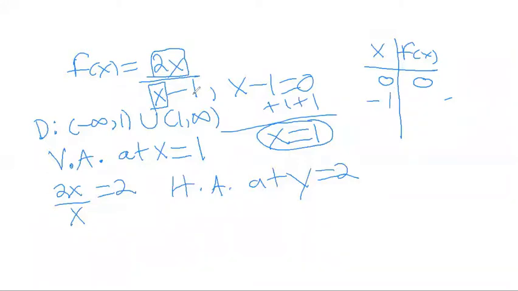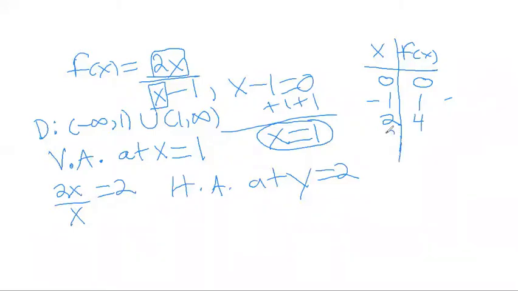That gives me -2 over -1 minus 1, which is -2, so -2 over -2 is just 1. And then let's pick 2. If x equals 2, you get 4 over 1, which is 4.